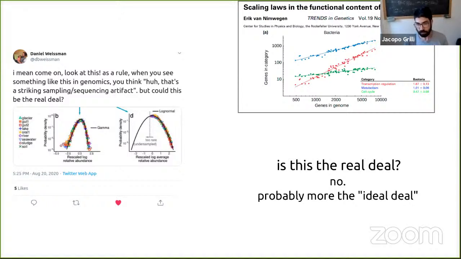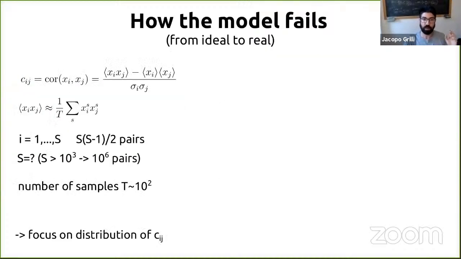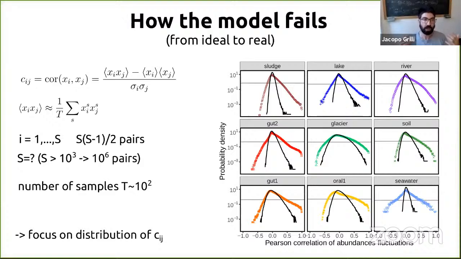Also, this fails in reproducing other statistical properties. For instance, and I'll go fast on this, it fails in reproducing the typical correlations of species. So this is not the real deal.